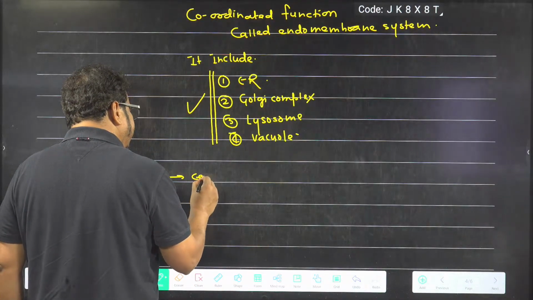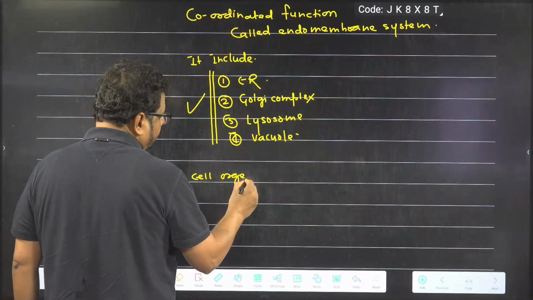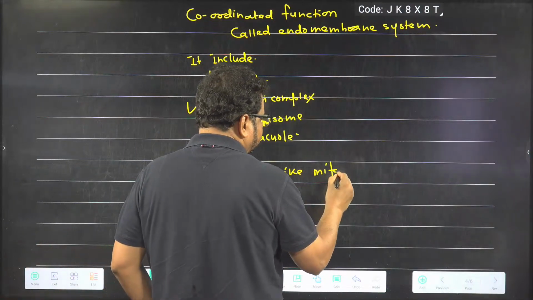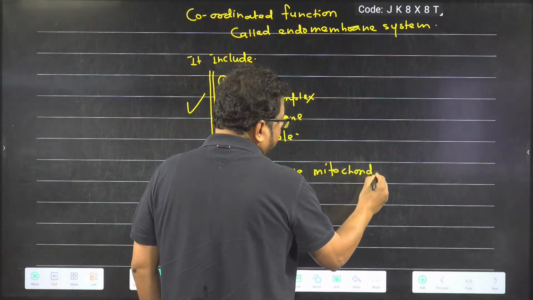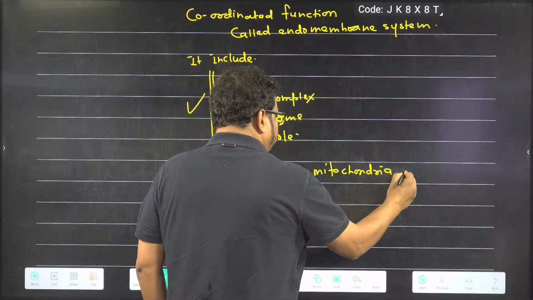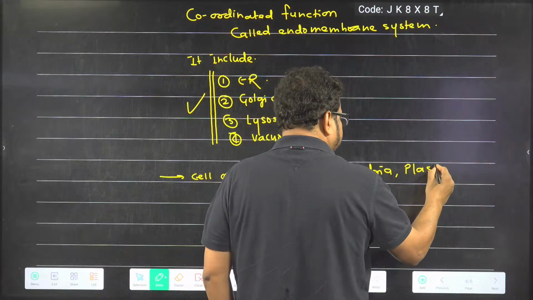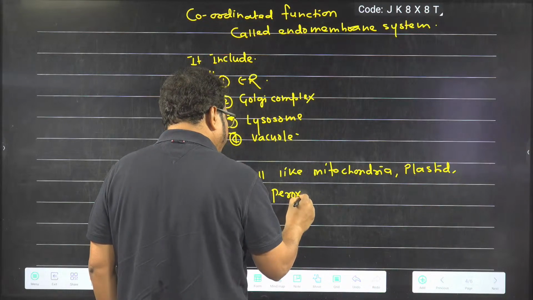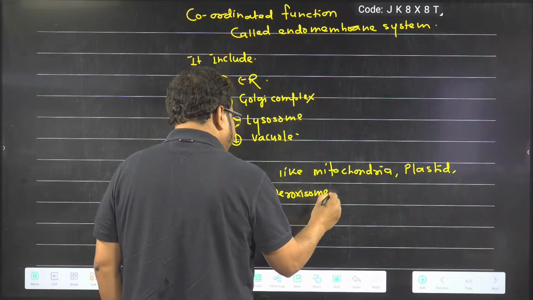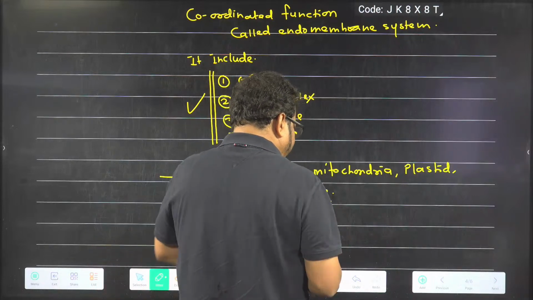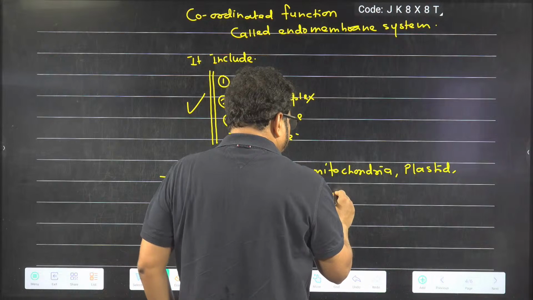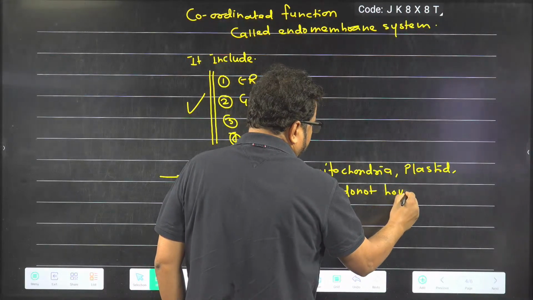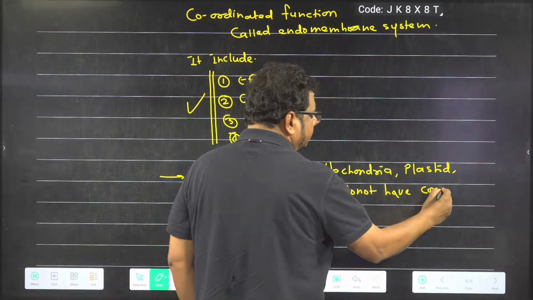Cell organelles like mitochondria, plastid, peroxisome, a new name came to you right now, it is a microbody. Peroxisome doesn't have coordinated function.